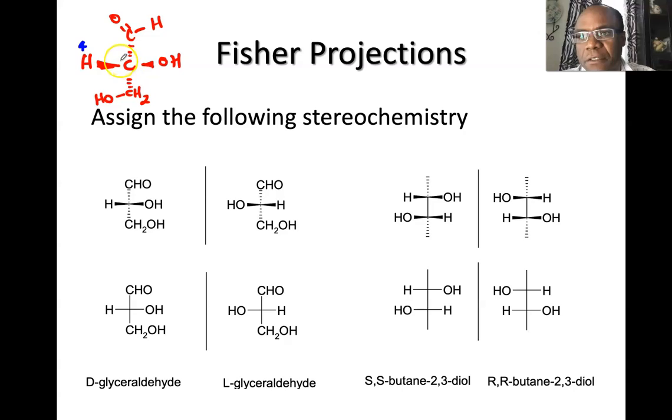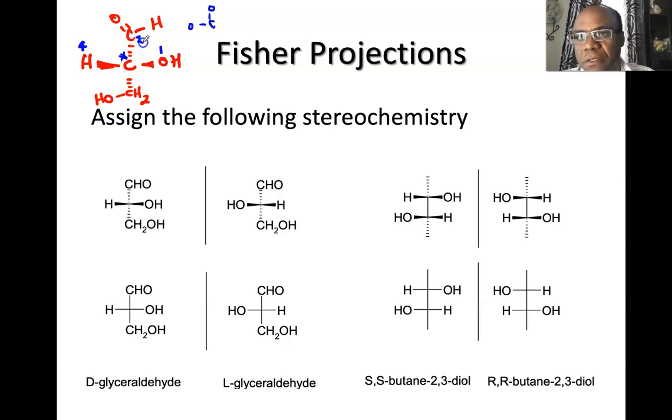Oxygen is directly attached to this carbon in question, so we give it priority 1. And then between this carbon and that carbon, this one is doubly bonded to an oxygen, so we pretend it's bonded to 2 oxygens like we said earlier. This is only bonded to 1 oxygen, so this is heavier, so to speak.